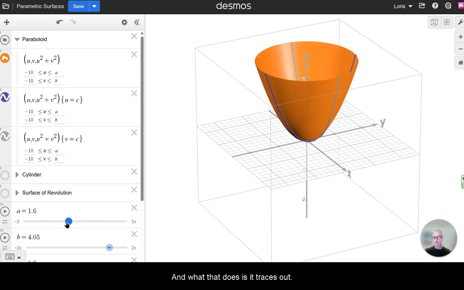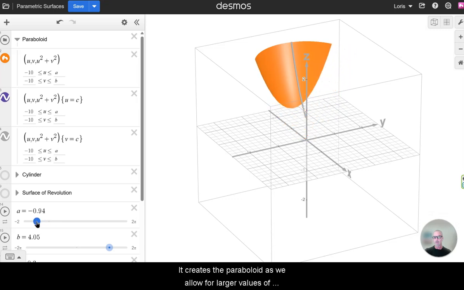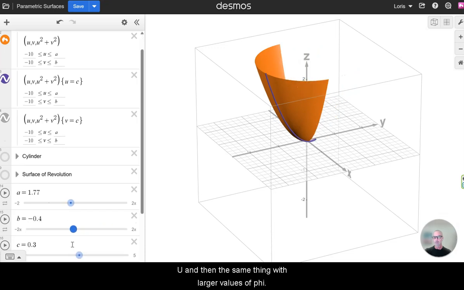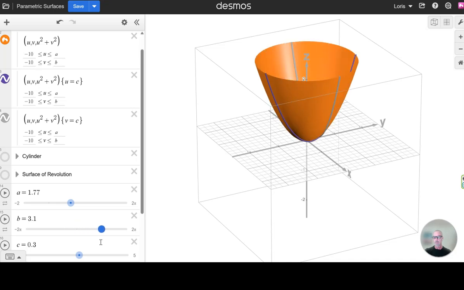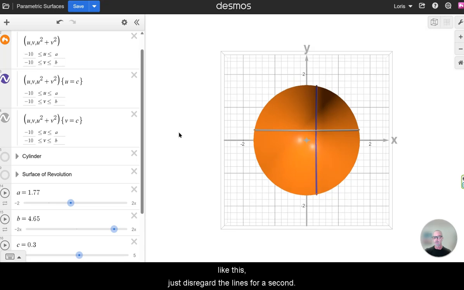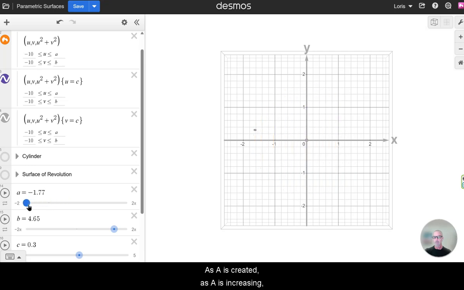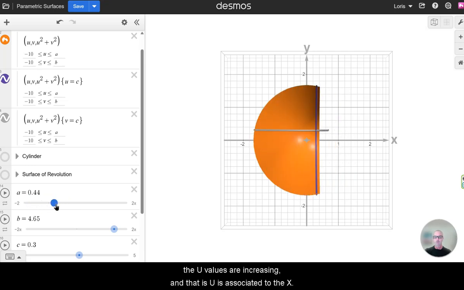And what that does is it creates the paraboloid as we allow for larger values of u, and then the same thing with larger values of v. So if you look at it straight on, just disregard the lines for a second. As a is increasing, the u values are increasing.